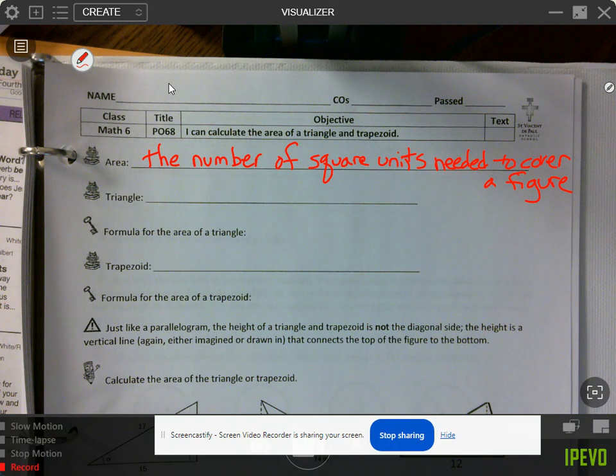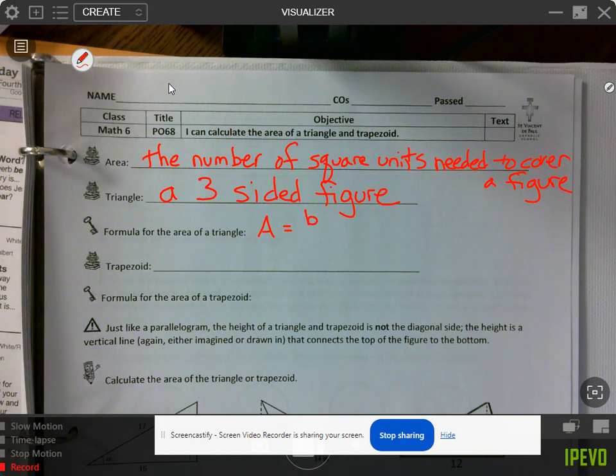A triangle is a three-sided figure. The formula for the area of a triangle. Who remembers this? Jimena? Divided by what?